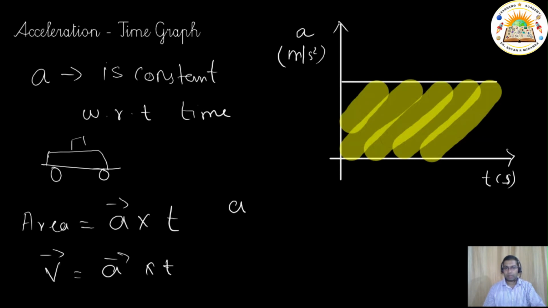The reason why I'm telling this is we found acceleration as velocity by time, or more appropriately delta V by delta T will be equal to A. So similarly, I can find that delta V is equal to A into delta T. So the acceleration-time graph is more useful to calculate the velocity of a given body, whereas the velocity-time graph helps us in determining both acceleration and the displacement. If you go back to the displacement-time graph, it helps in determining only the velocity. So we can write all of it in this particular way.